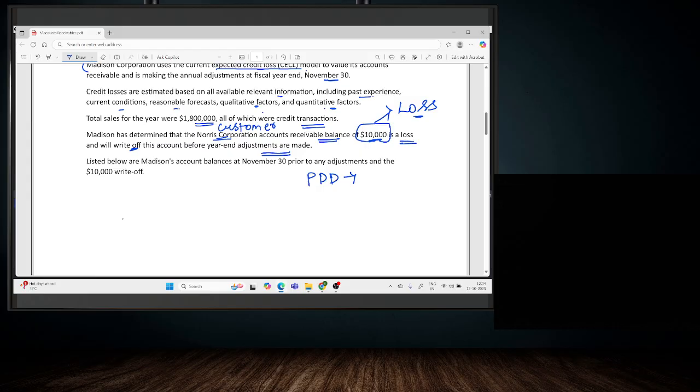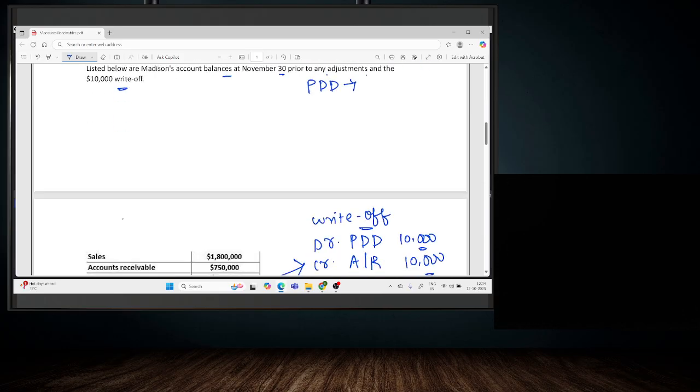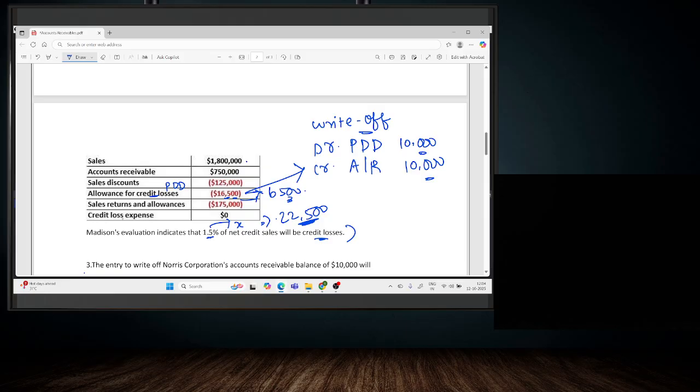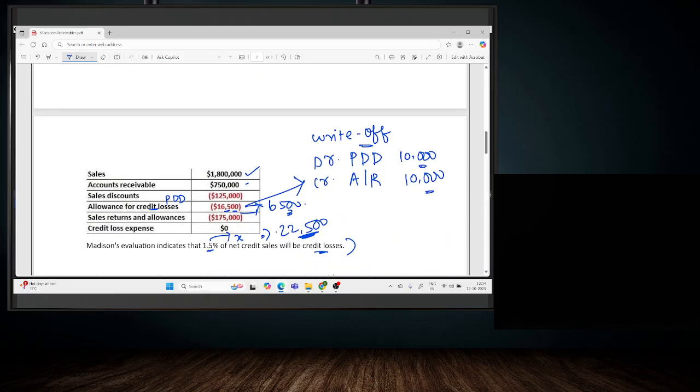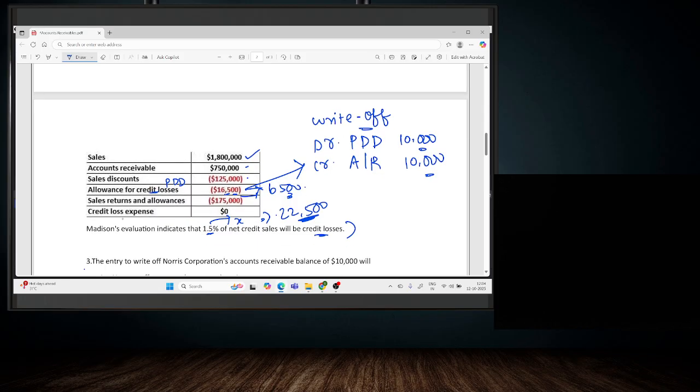Listed below are Madison's account balances at 30th November, prior to any adjustments and the 10,000 rupees write-off. So before writing off, we have a credit sale of 18 lakh, which is already given in the question, and accounts receivable balance is 7,50,000. Sales discount is 1,25,000. Allowance for credit loss is 16,500. Sales return is 1,75,000. Credit loss expense is 0.